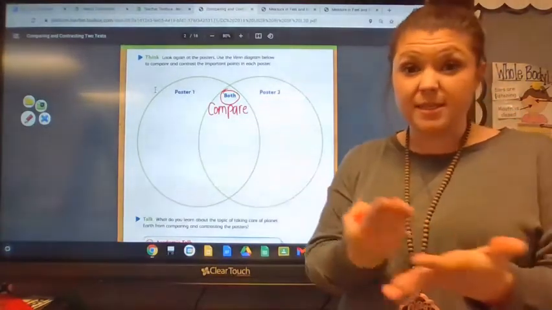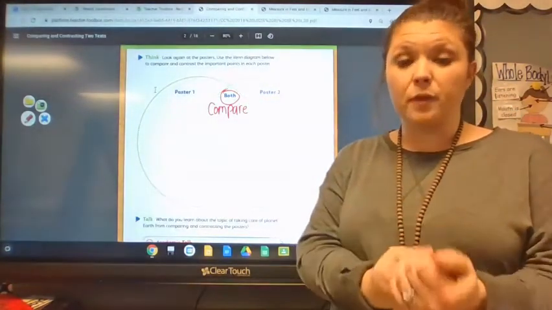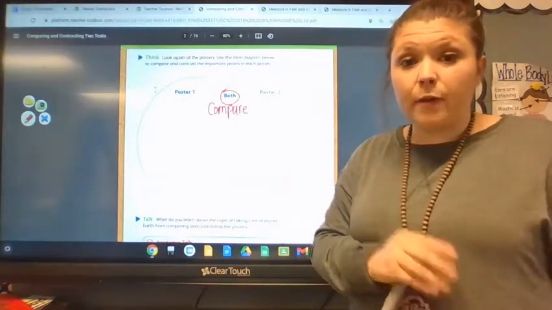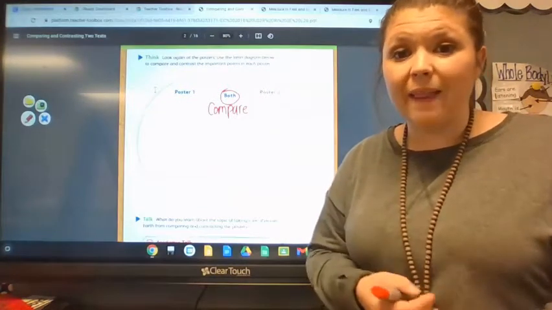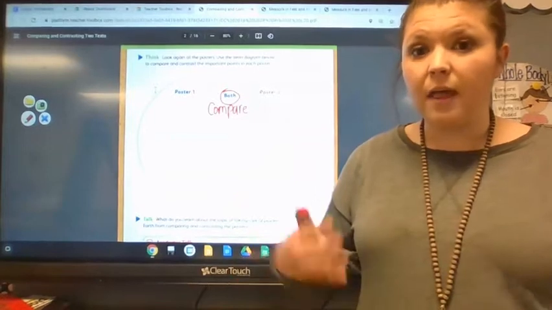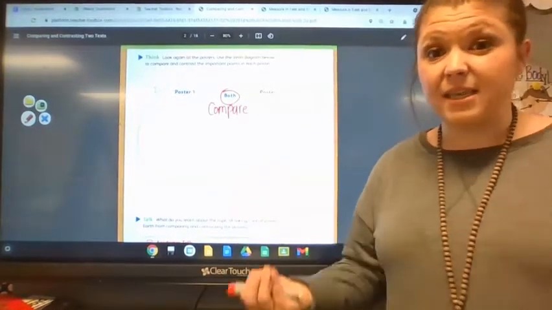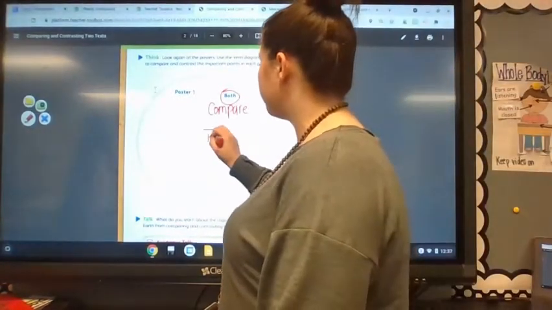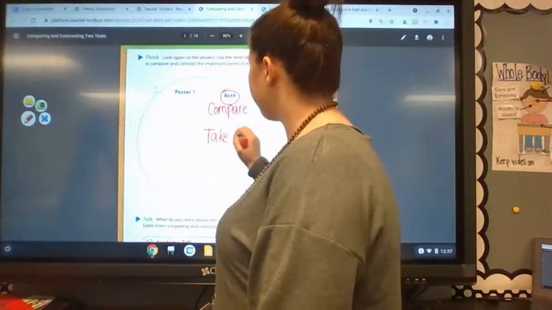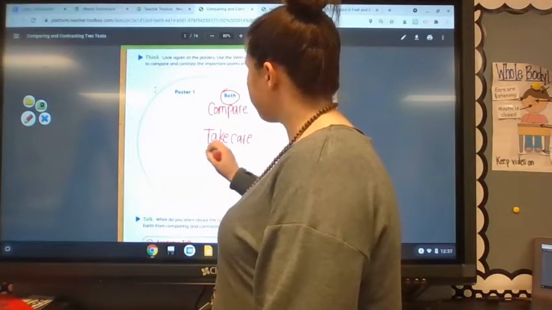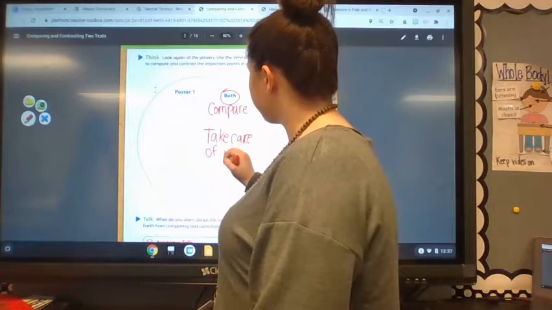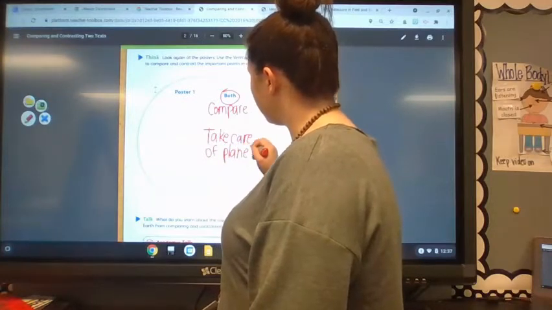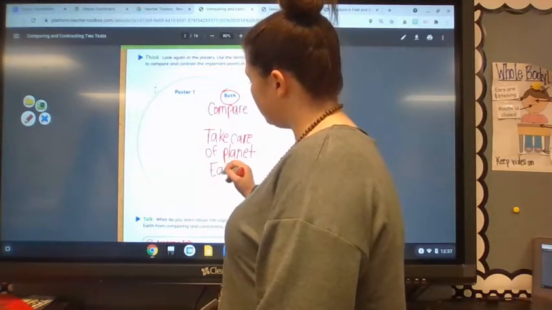That tells us what's the same about both of those posters. So we know that in both of those posters, they're telling us to take care of the earth. That's the same with both of them. Okay?